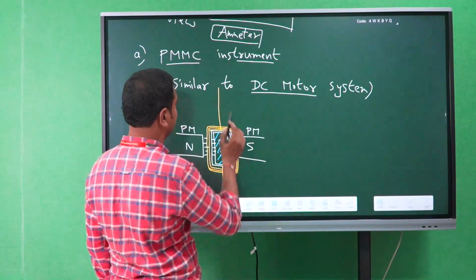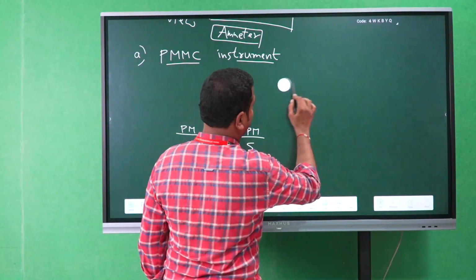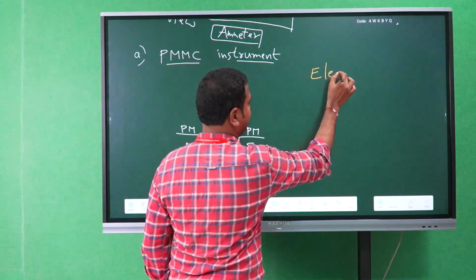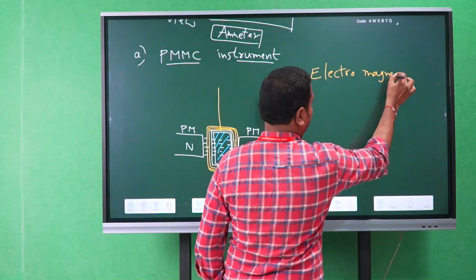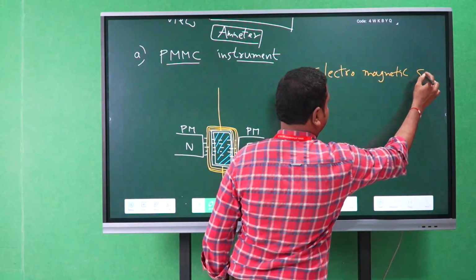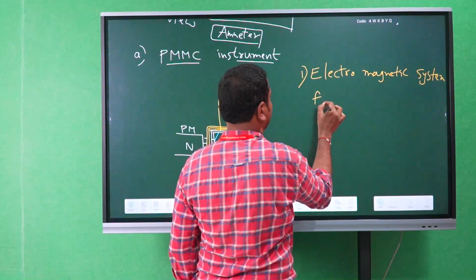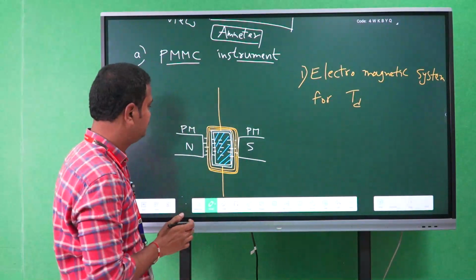So here we are using an electromagnetic system as the deflecting system, for deflecting torque production.